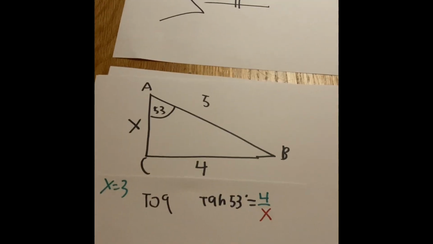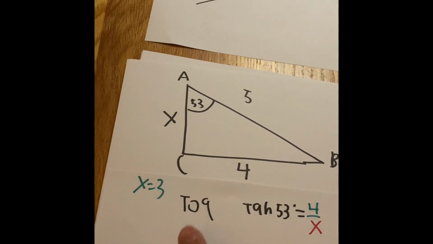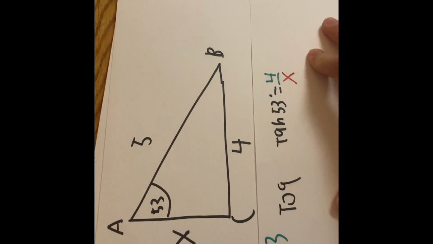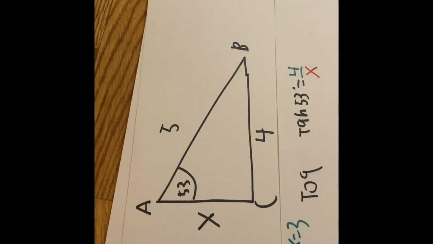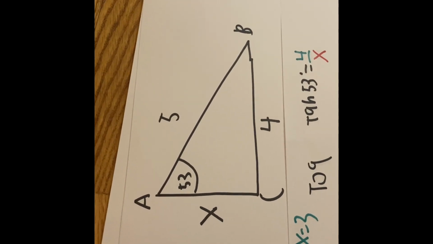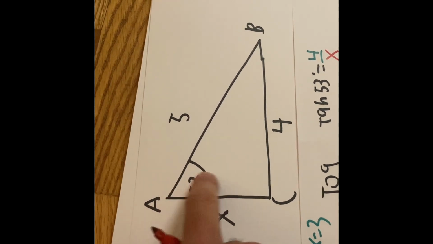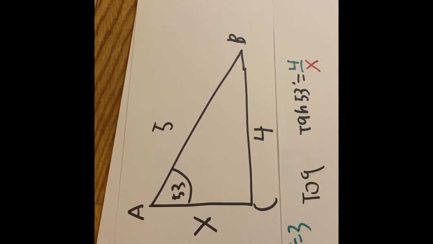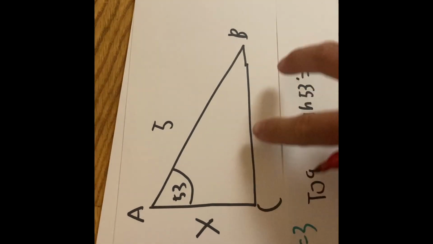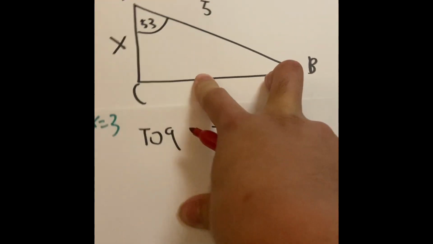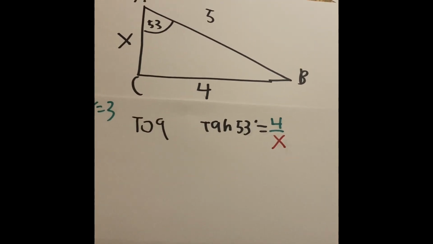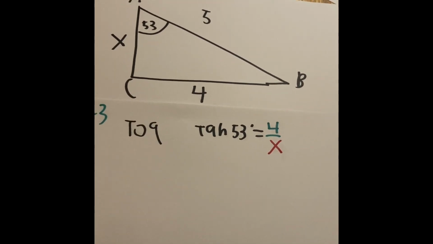If I made a visual, we would rotate the triangle this way so the theta is on the bottom, which we wanted. So we're going to say 4 divided by x. That is why we wrote it in that direction. The tangent of 53 degrees is going to equal 4 divided by x.